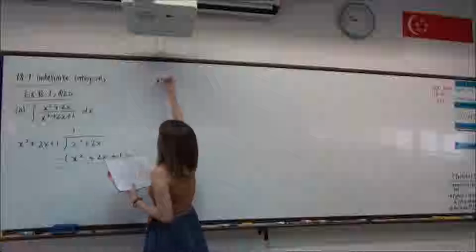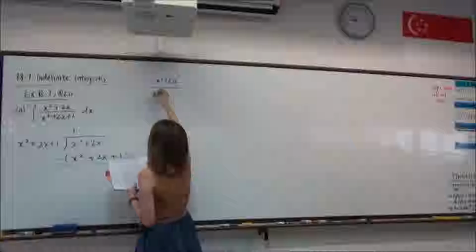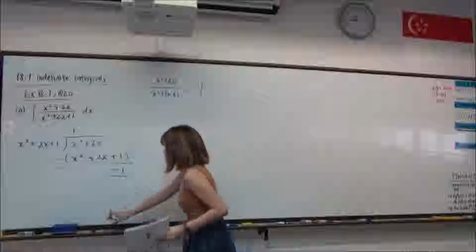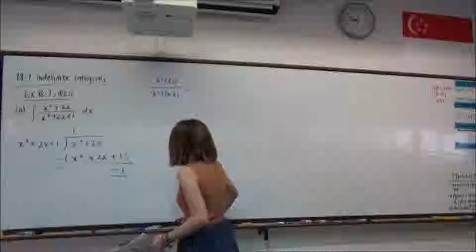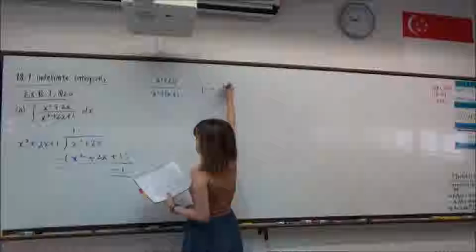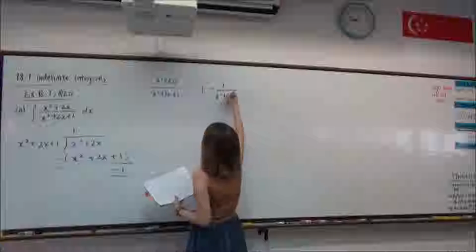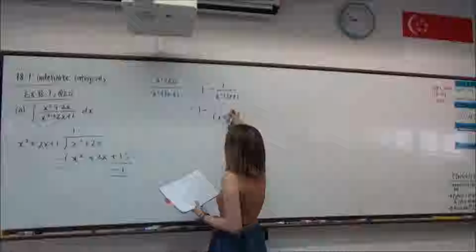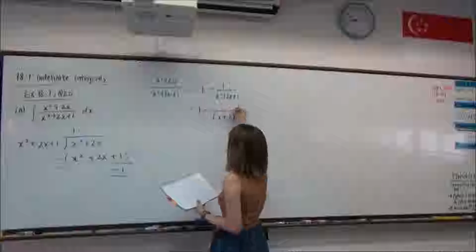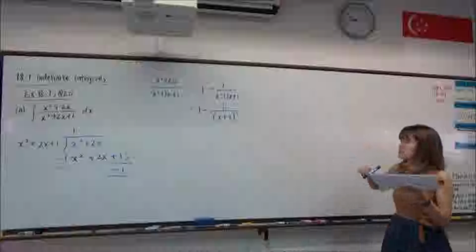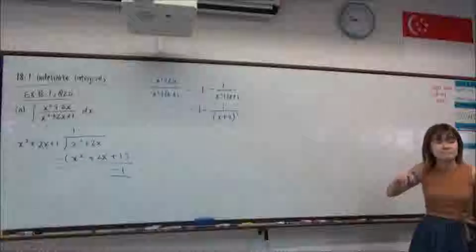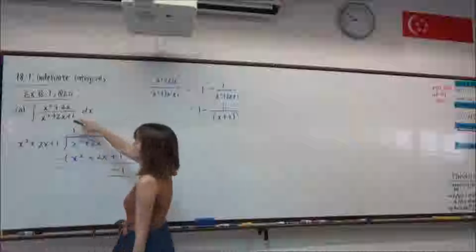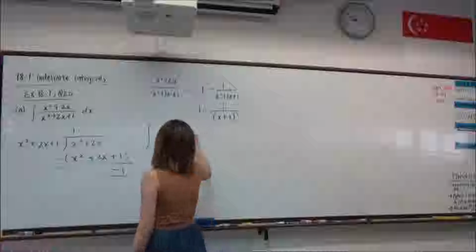So we will be able to see that it will be equal to 1 minus 1 over x squared plus 2x plus 1, which in other words is 1 over (x plus 1) squared. Then at this point, I'm now integrating this instead of the original function.